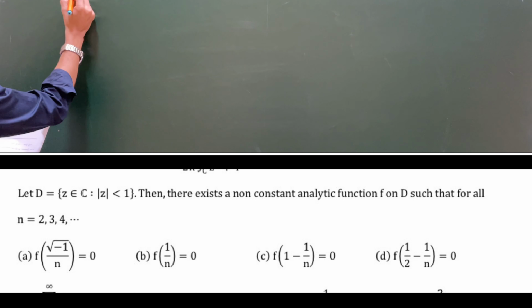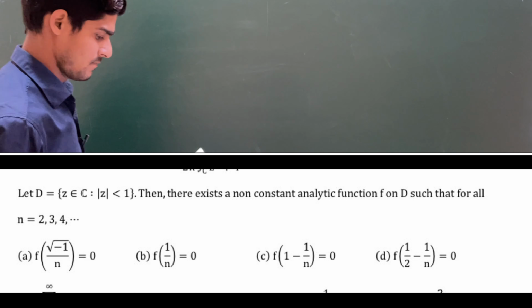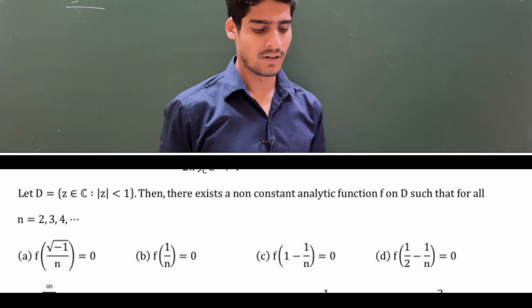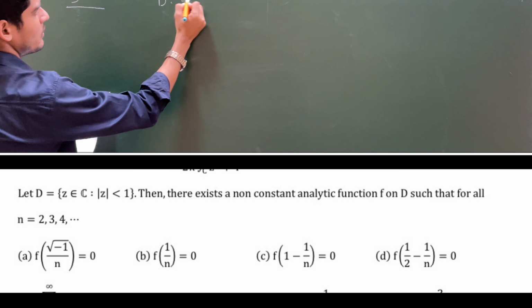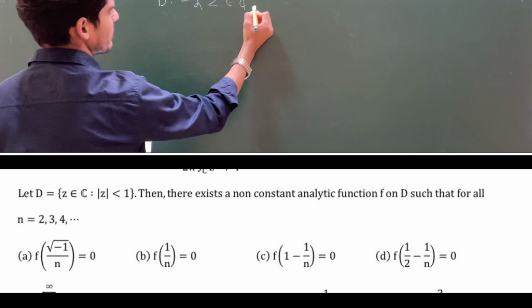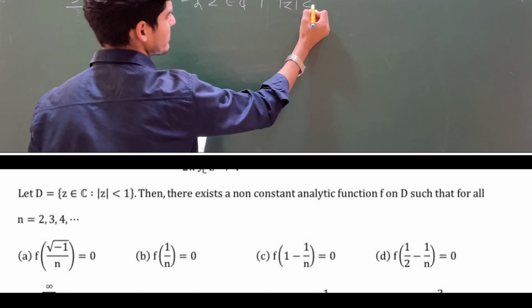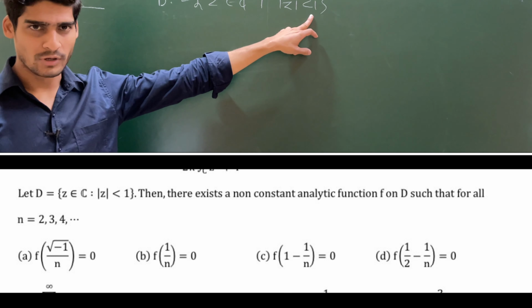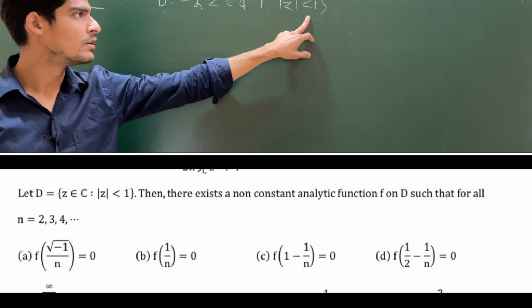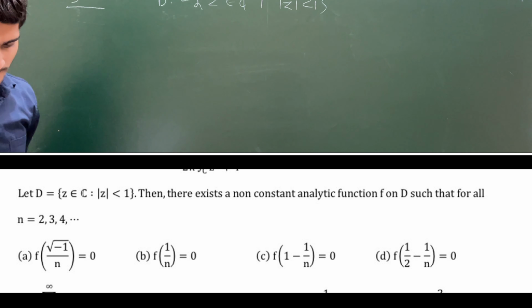Question number 3. This I can say is straightforward. Let D be the open unit disk. This is defined as the collection of all complex numbers such that the modulus value is less than 1. So this is the inner region of the unit disk, or the open unit disk.